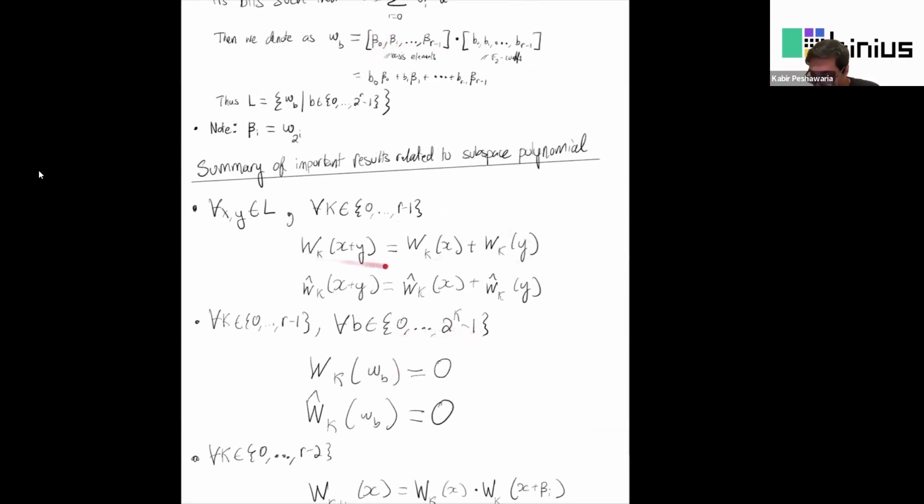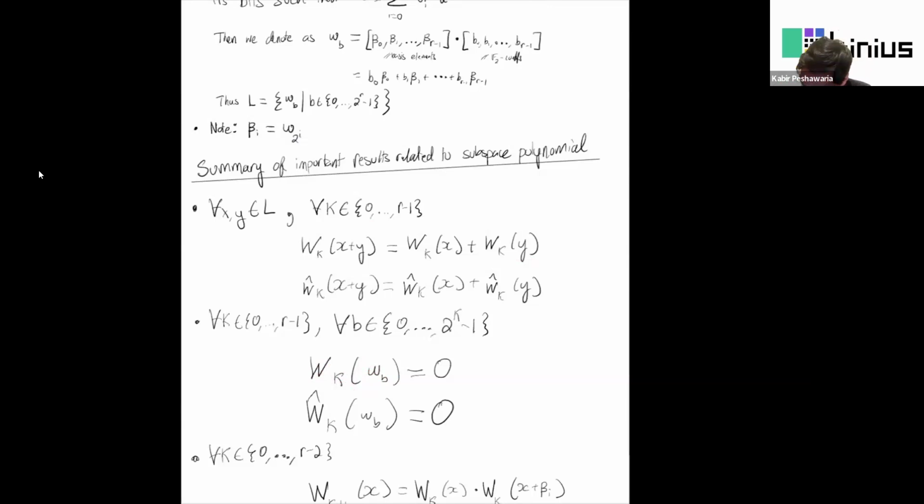Since this property is true, I can think about Wk of omega b as being equal to Wk of beta 0 plus Wk of beta 2, etc., plus Wk of beta k minus 1, let's say. I can break it up into its basis constituents.